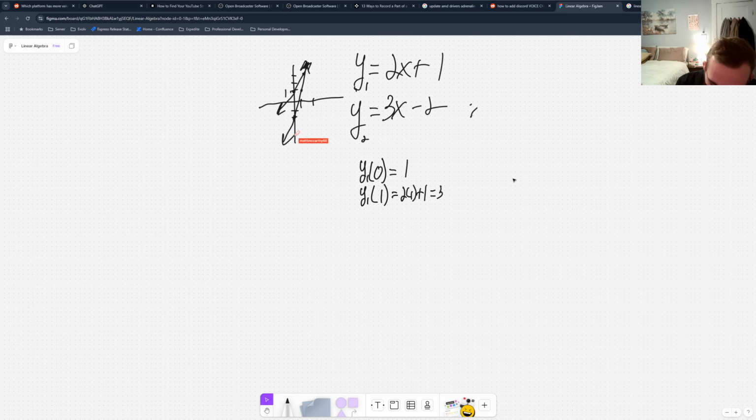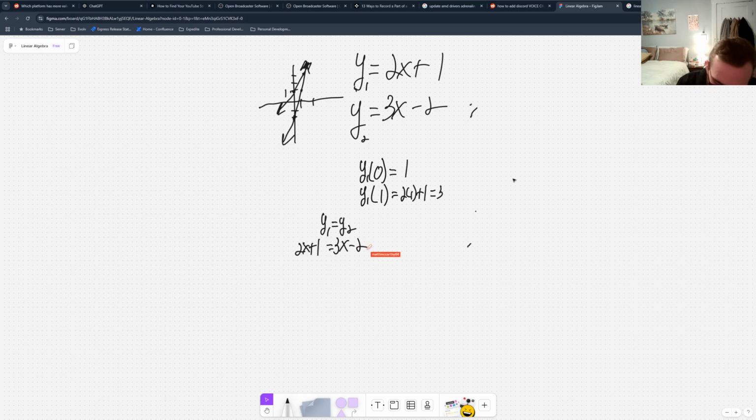So what I would do is I would say, okay, where do these lines cross? These points would cross where the x's and the y's are the same, right? And so one thing we could do is say, if y1 needs to be equal to y2, we know that y1 is 2x plus 1, and y2 is 3x minus 2, right?